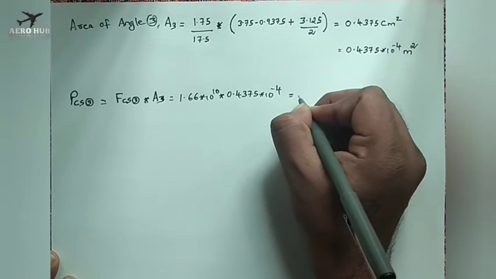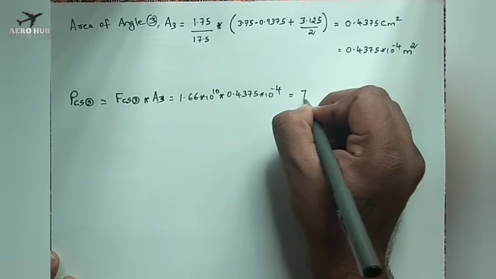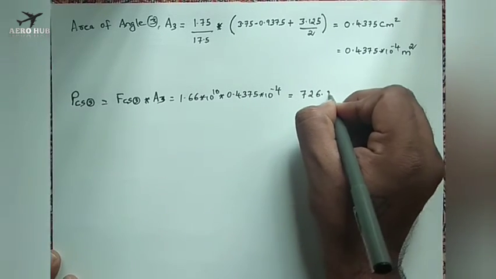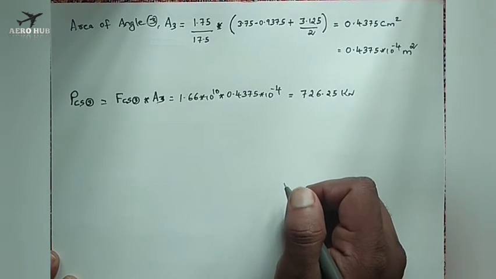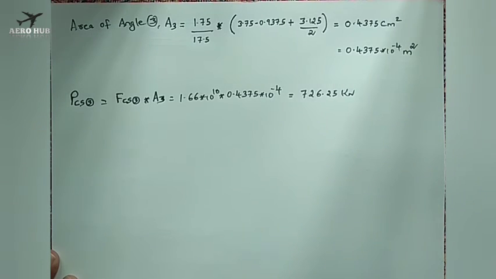So I will be getting 726.25 kilonewton. Okay, so we got the value of PCS for three angles: angle 1, angle 2 and angle 3.